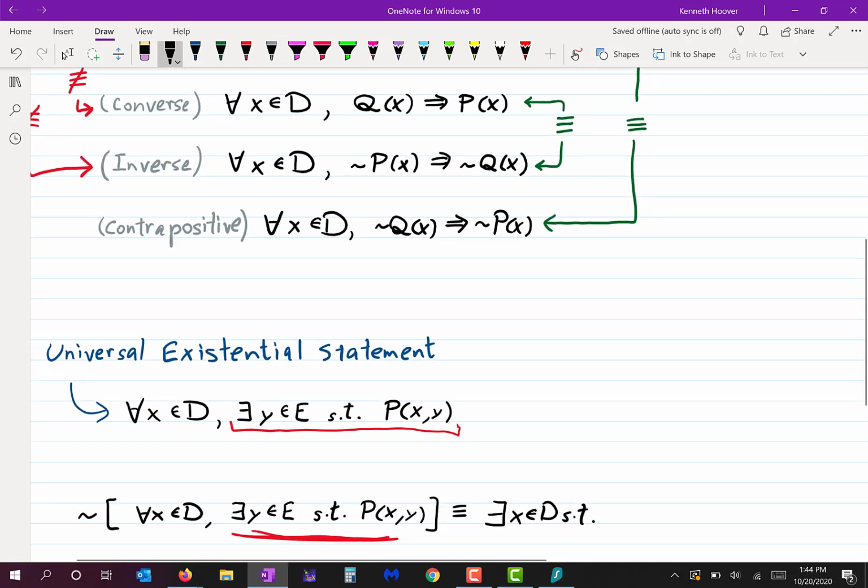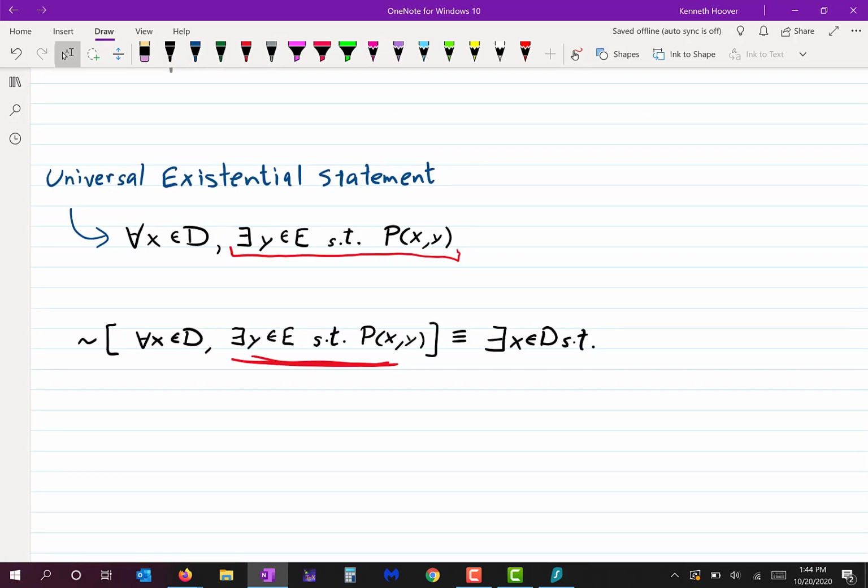So down here, the universal quantifier turned into an existential quantifier. And after that should come the negation of this. So in other words, right here should come the negation of there exists a y in the set E such that P of xy.